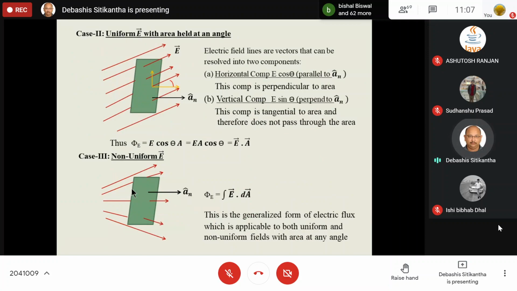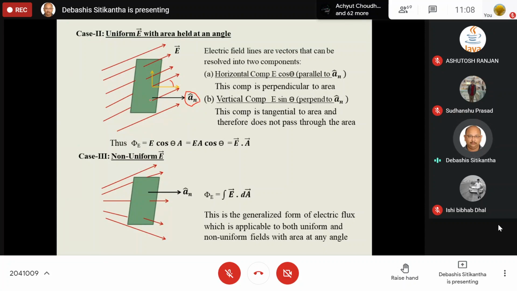Next, we talked about a uniform electric field with the area held at some angle. There we said that this E vector has a component, one along the A cap direction, the other perpendicular to it. The component of the electric field which is perpendicular is going to be tangential to the surface of the area.